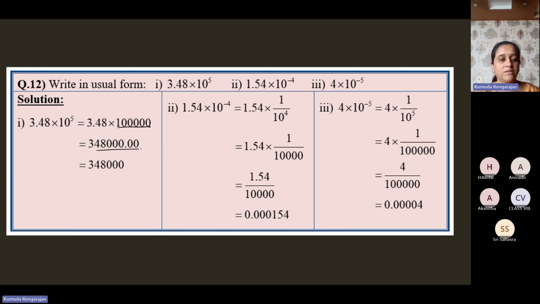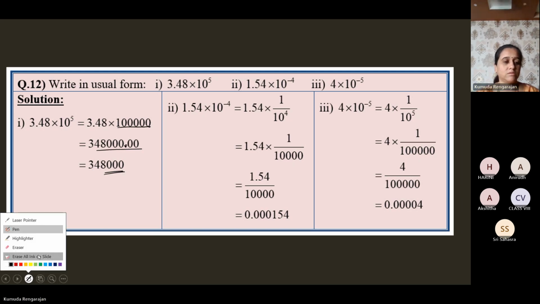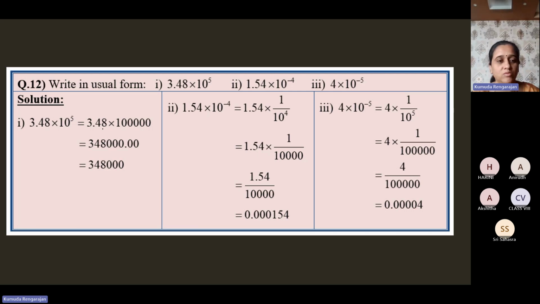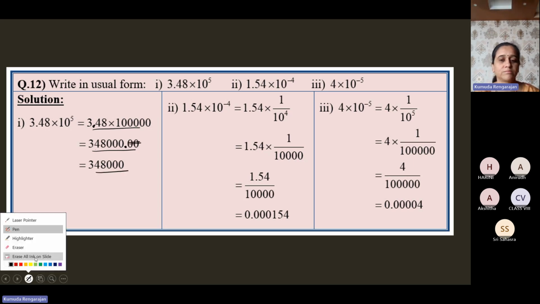So when you multiply, you get this. You'll have to place the decimal point. So the final value is only this. You multiply as if there is no decimal point. So this is the product, and then you'll have to place a decimal point. So after the decimal point, 2 digits. Now these zeros have no value. So this is the final answer.